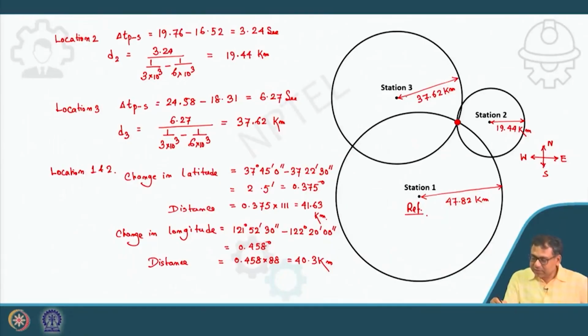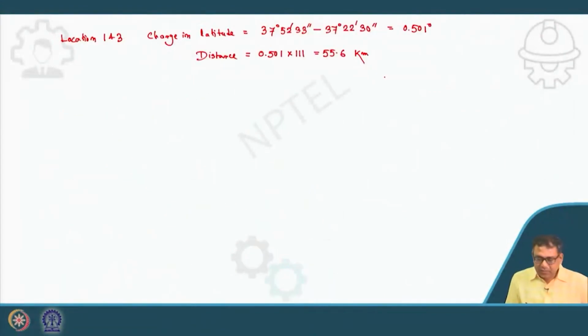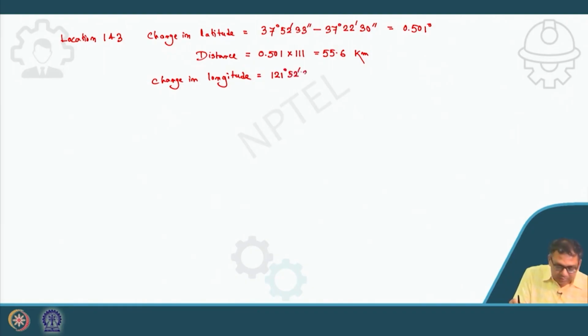Okay, so now you can see it is towards north but towards west as compared to station 1, station 3. So now here, similarly, change in longitude, that is 121 degree 52 minute 30 second minus 121 degree 42 minute 38 second.